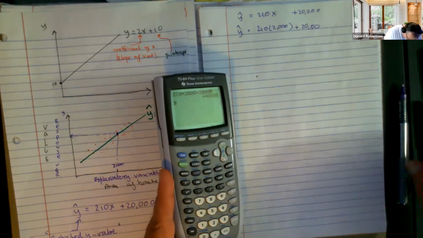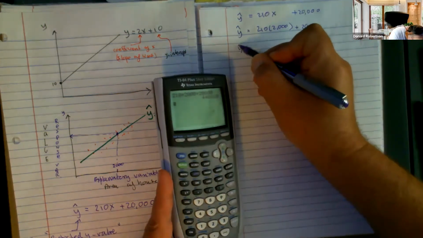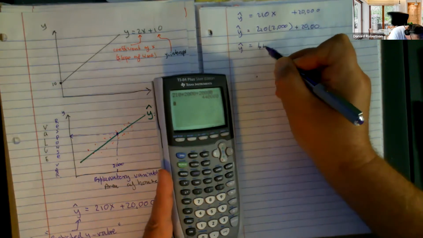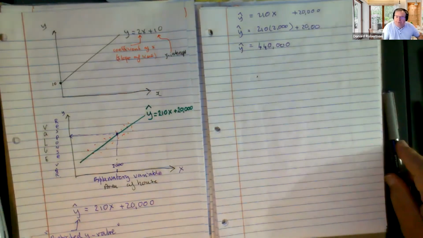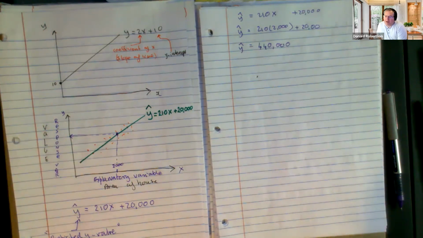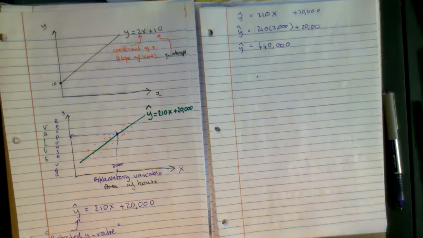And the answer would be that you would predict that this house would sell for about 440,000. That doesn't mean you're guaranteed to get that price. Could your house get a little bit more if you're lucky, and it could sell for a little bit less? You agree? That would be reasonable to expect in any model.